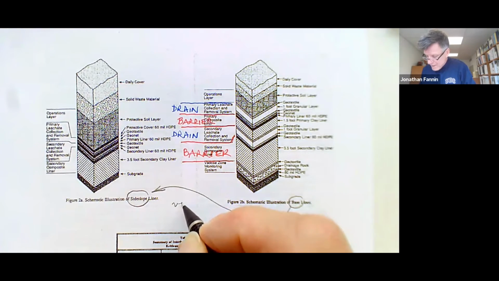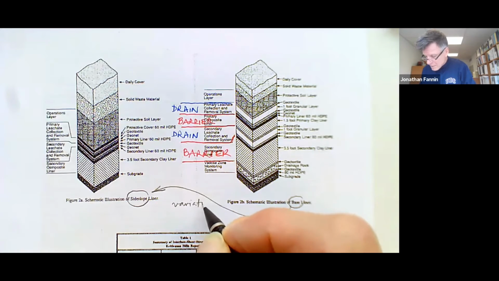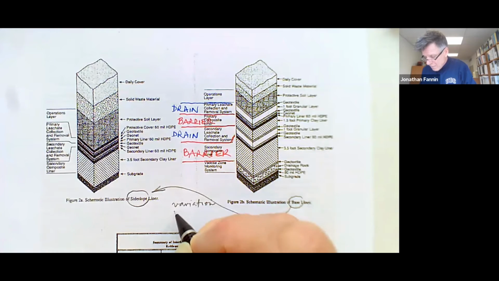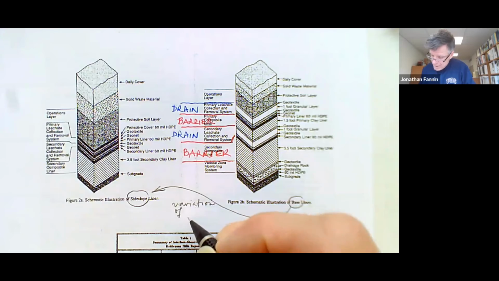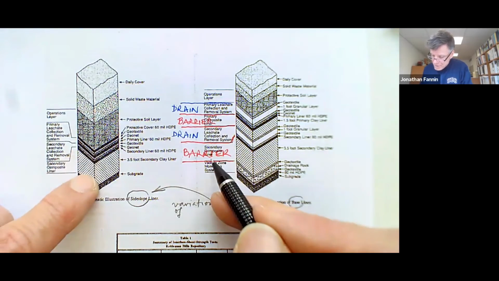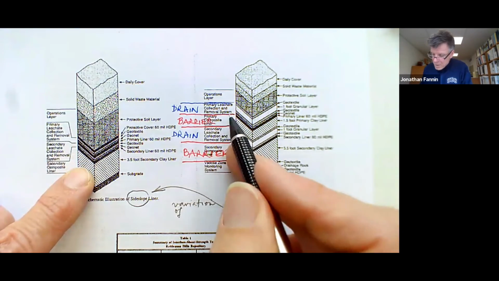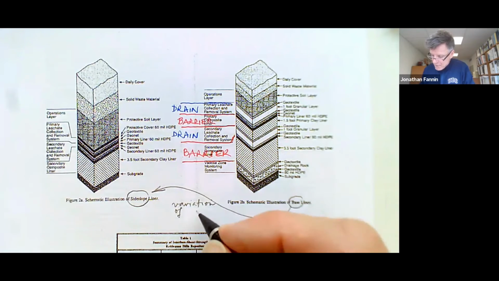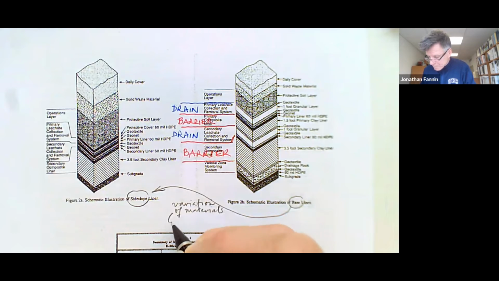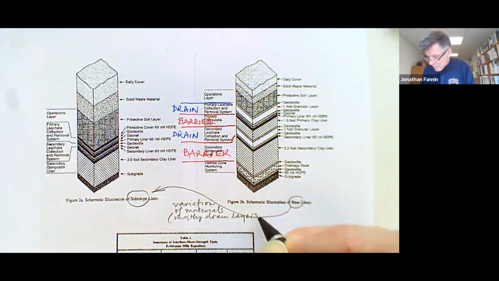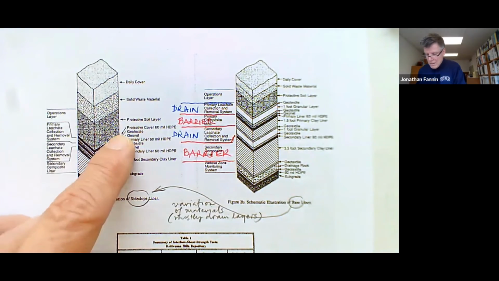I'm going to use the word variation, but I guess it's in essence a substitution, a variation of, and it's not so much the barrier materials, maybe one of the compacted clays has come out, but a variation of materials, primarily the drain materials. Okay, and that explains why we get these sandwiches.